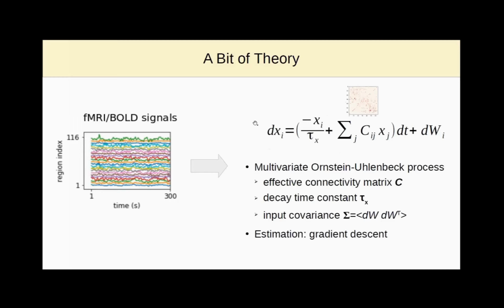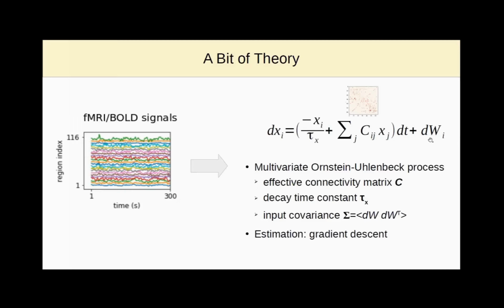Don't be scared, that's going to be the only equation of the presentation. Long story short, this model, which is a dynamic network model involving noise, with some stochastic process, so to say, has different types of parameters. Parameter C here is the effective connectivity. This time constant is the one that I presented just before. We can estimate it from the data as well.